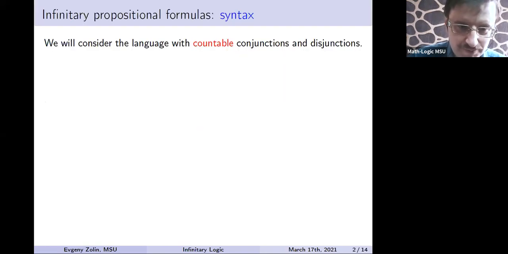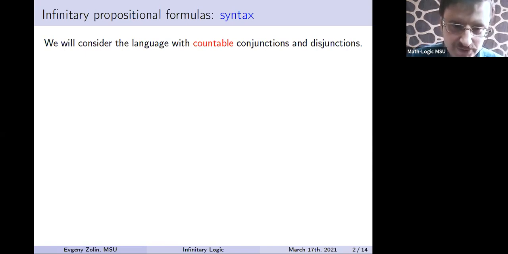In the previous lecture, we already wrote the axioms and the rules, and today we will show that they are complete in some sense, but not in the strongest sense that we wanted.